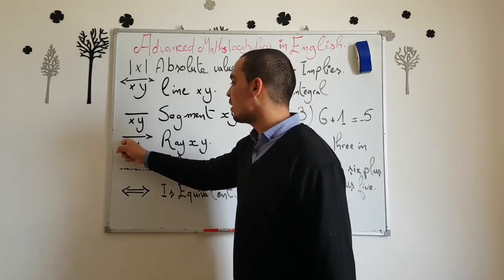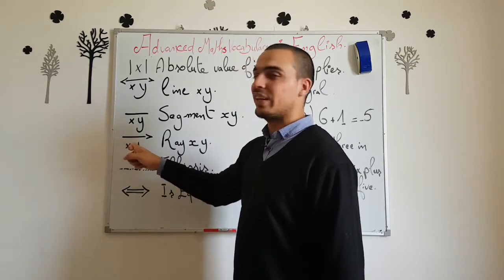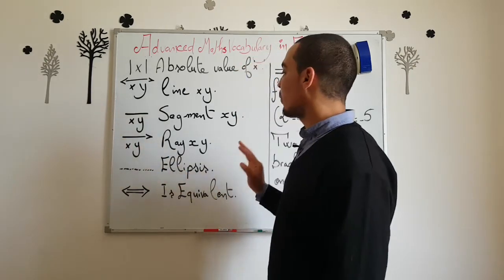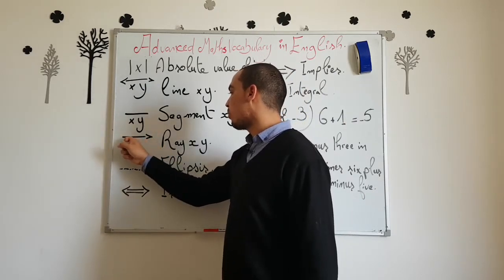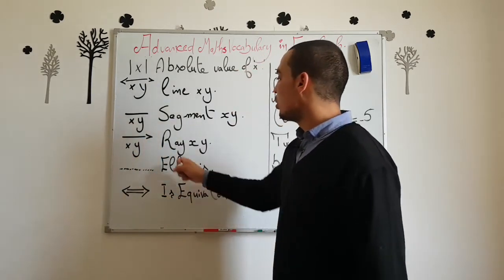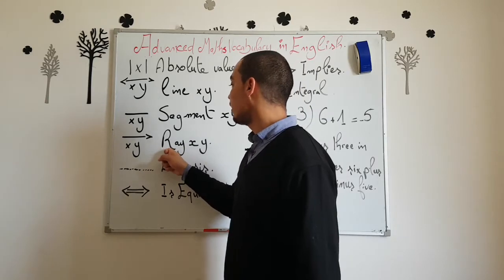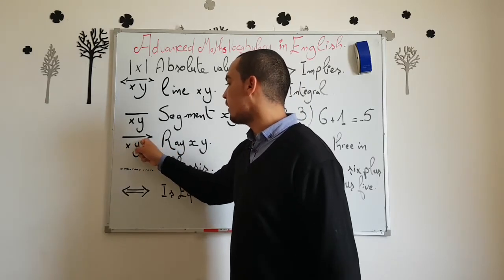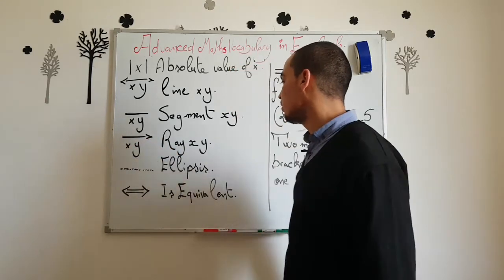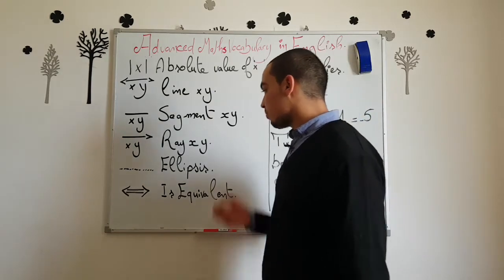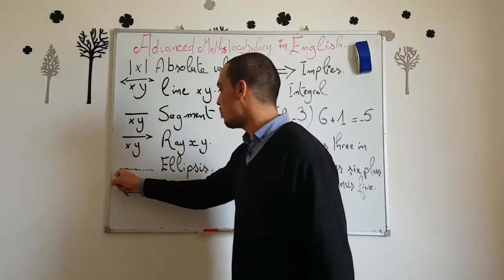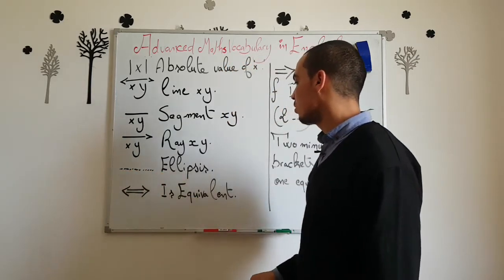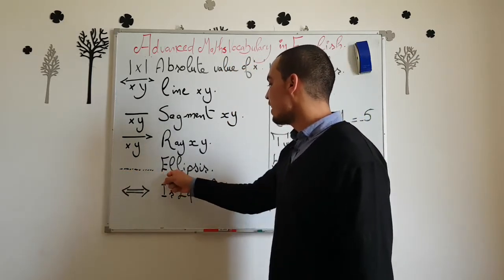And when you find an arrow directed to the right above the letters, it means ray. This is ray xy.